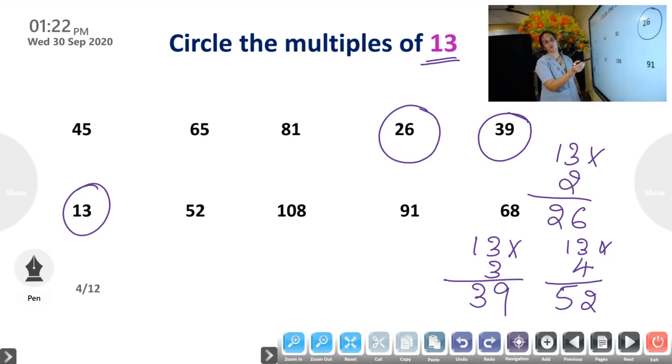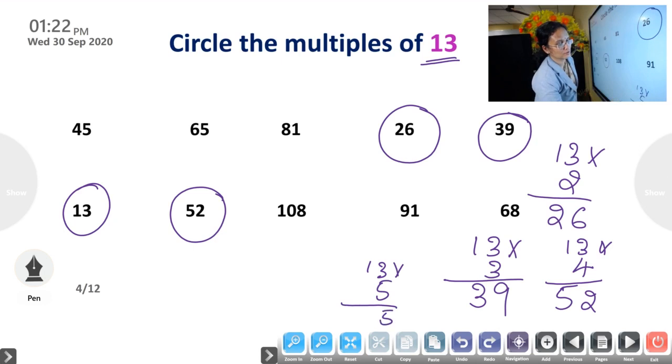Yes. 13 into 4, 52, which is a multiple of 13. So you can circle that also. Then 13 into 5. It is 65. 65 is also here. Circle 65.